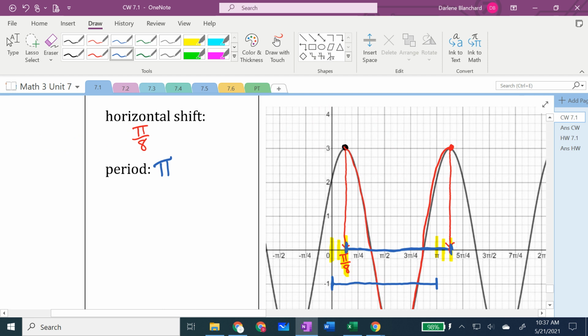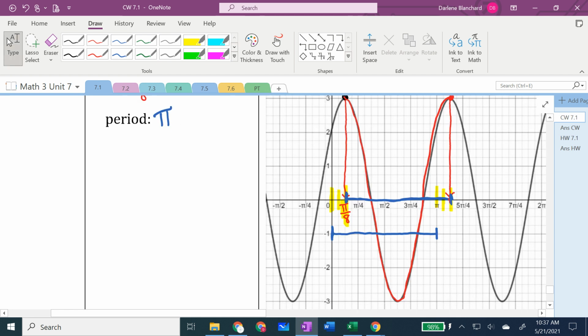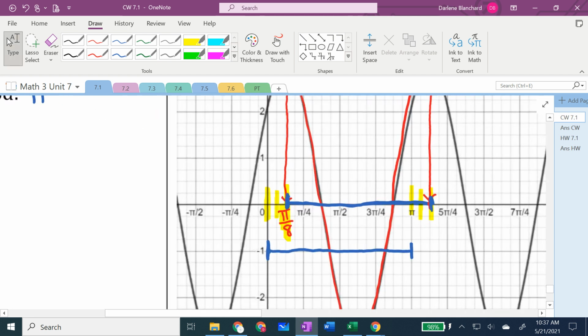Yeah, I'm getting no response in chat. I'm hoping you're following along with me. The harder way to find the period of the graph, if you don't take that and just kind of shift the two ends to see a little bit better, you're going to have to actually calculate both of these x coordinates and then subtract them.